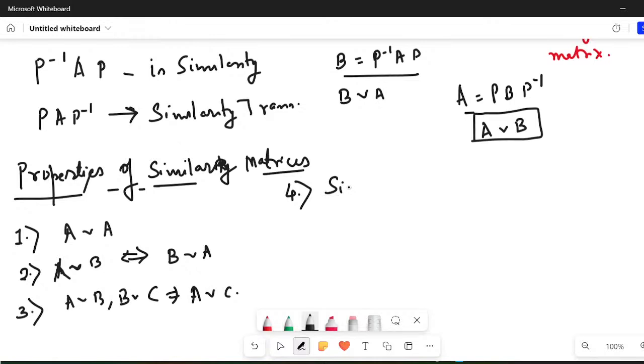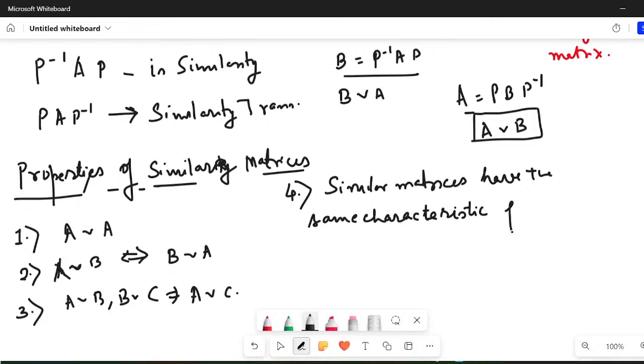So I'll write it here: similar matrices have the same characteristic polynomial, and hence they have the same eigenvalues.